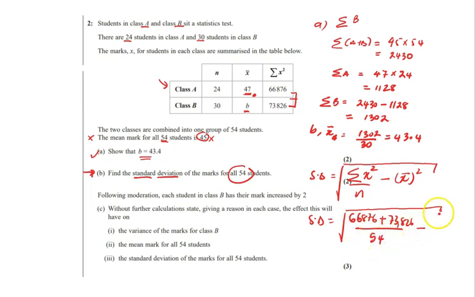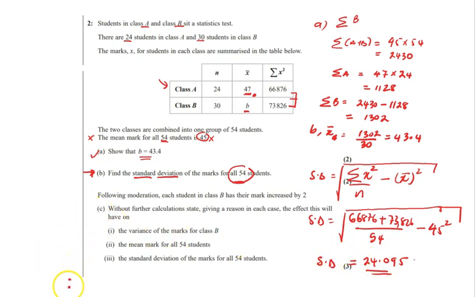Then subtract x bar squared, the x bar of the two classes. That is 45. Remember, it's just for all the students combined together. Then you use your calculator, and you get your standard deviation as 24.09095. That will be your standard deviation.